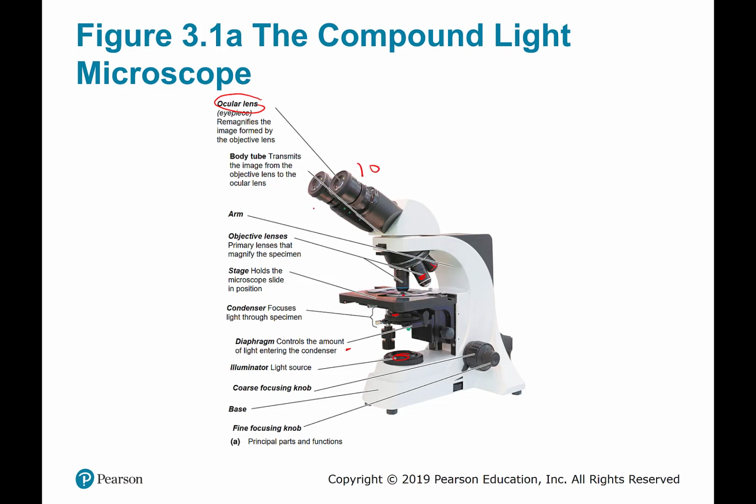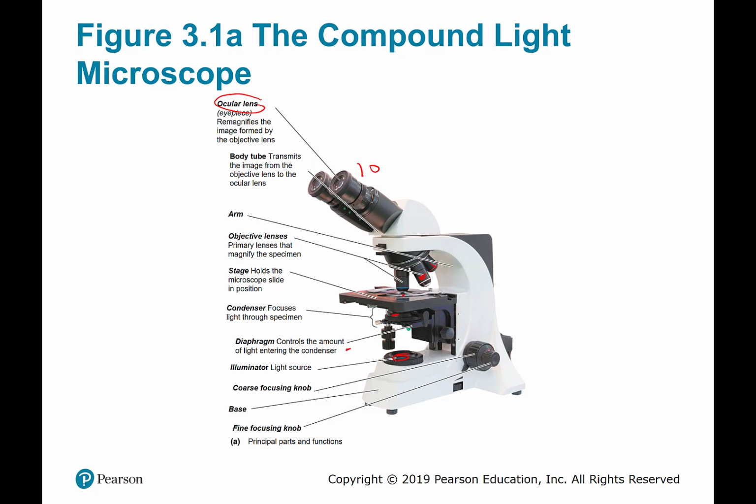And this would be a binocular compound light microscope because you have 2 oculars. There are some that are monocular where you only have one ocular lens. They're difficult to use and they can cause a lot of strain on your eyes. But this is your basic compound microscope.